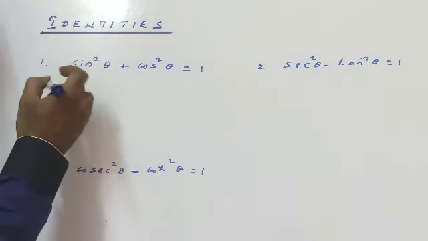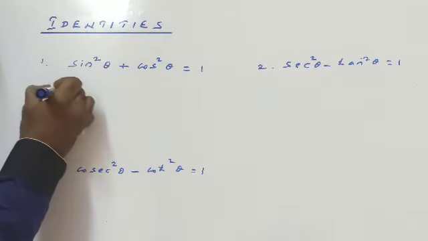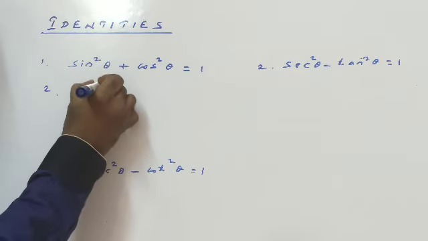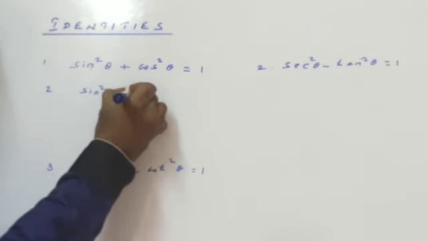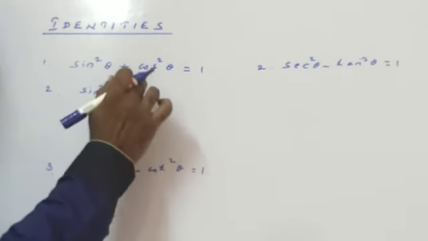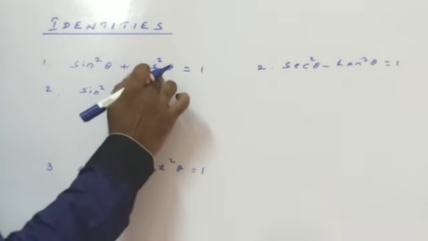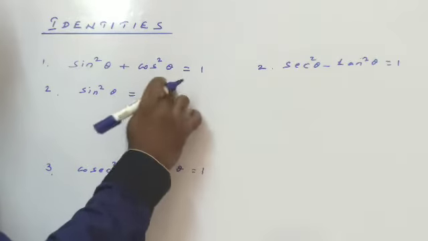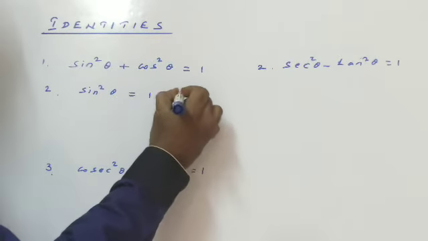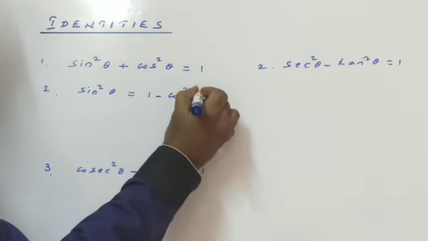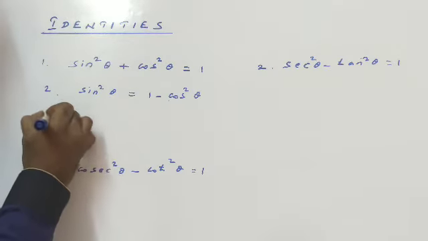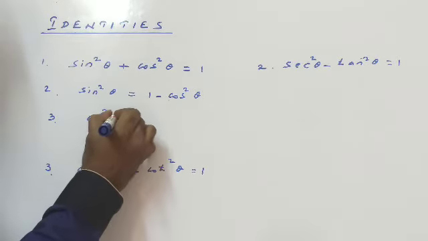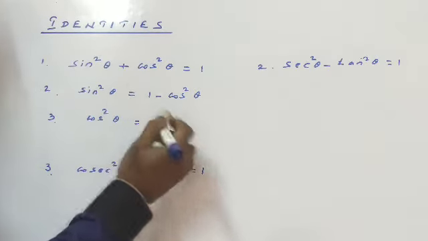Now, listen. From the first identity, keep sin square theta on the left side, 1. Here cos square theta is taken to the right side, so it becomes minus cos square theta. Like that, keep cos square theta on the left side, 1.